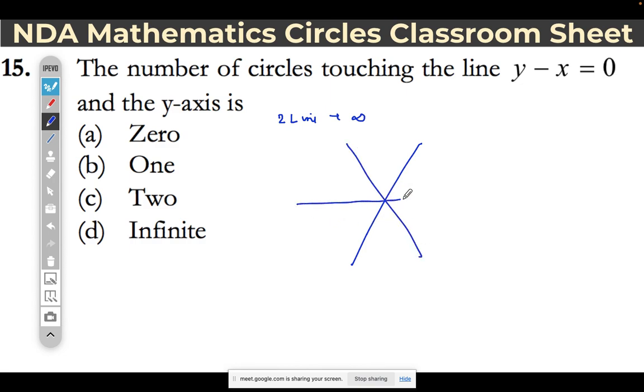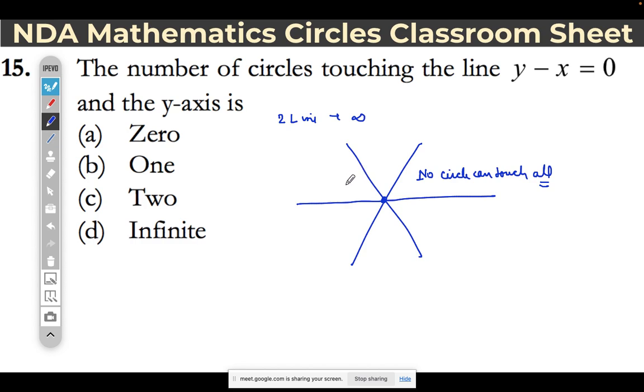When there are three concurrent lines, then no circle can touch all. All can't be touched. Two can be touched at once, but all three can't be touched.